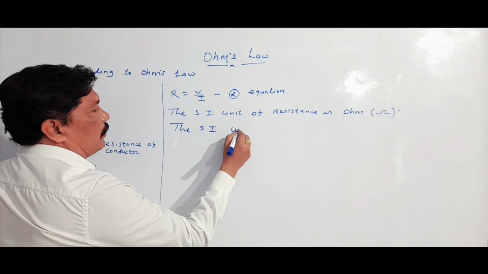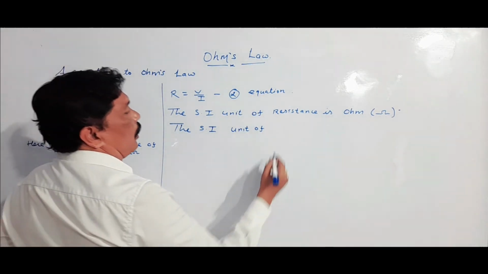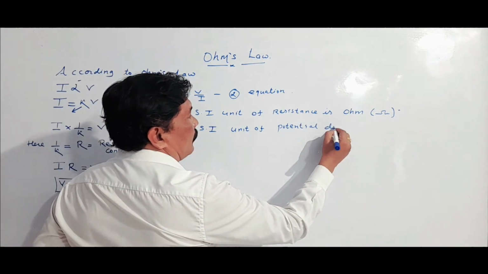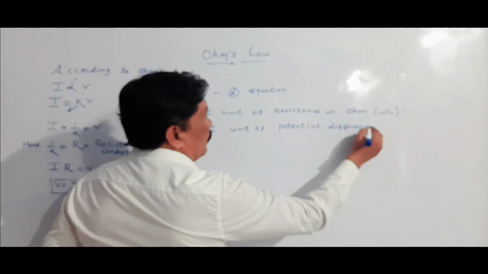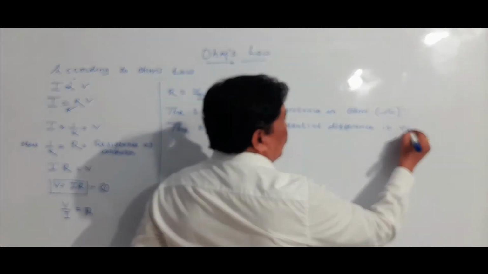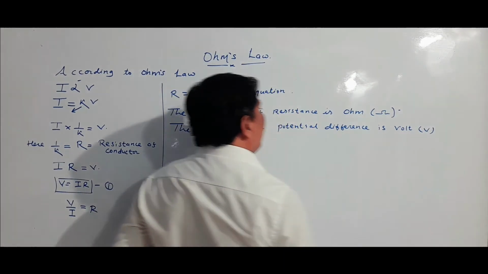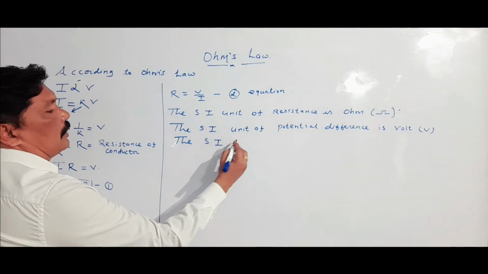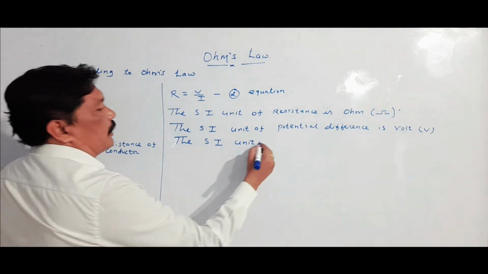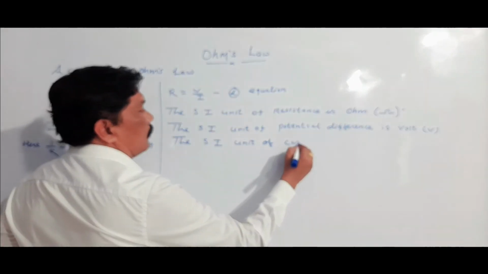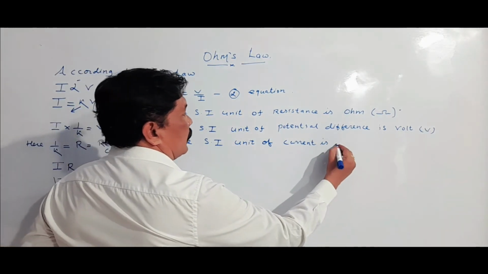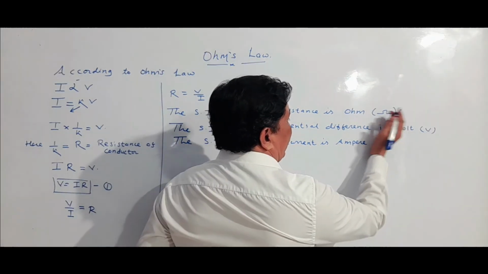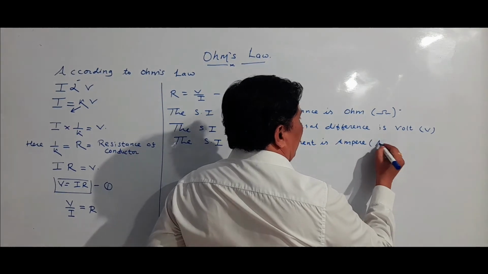The SI unit of potential difference is volt and is denoted by V. The SI unit of current is ampere and is denoted by A.